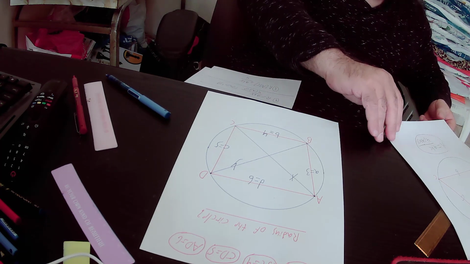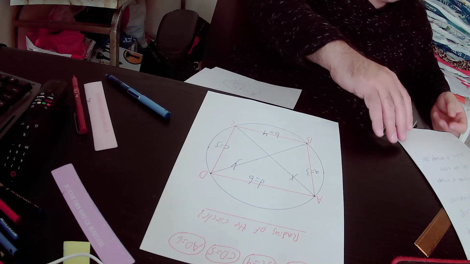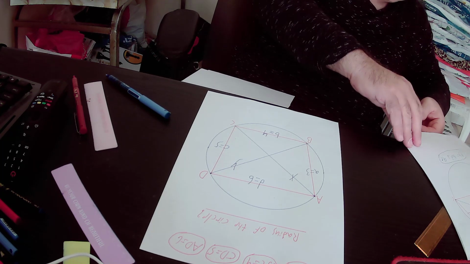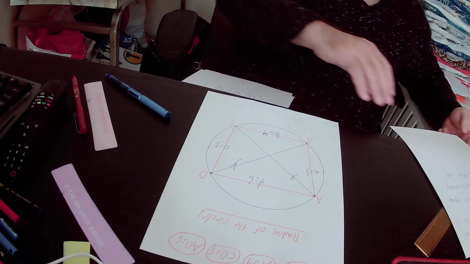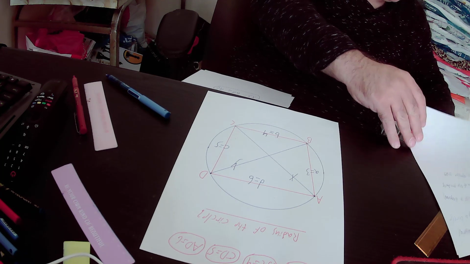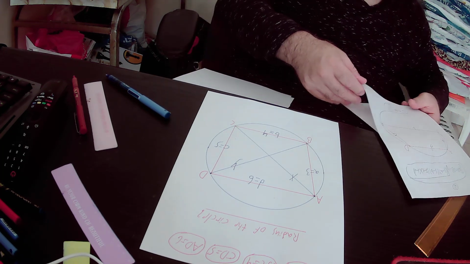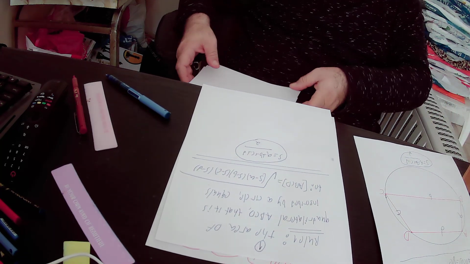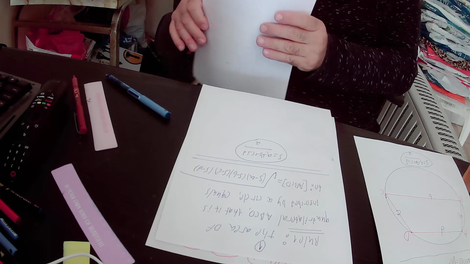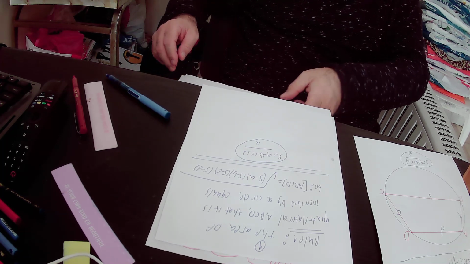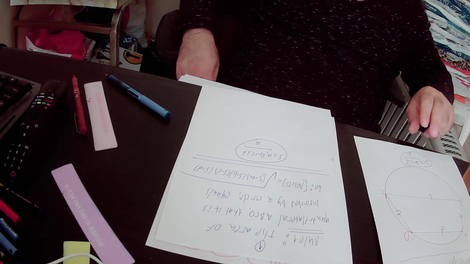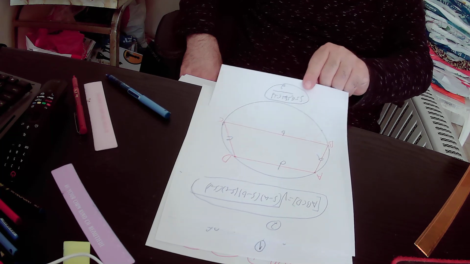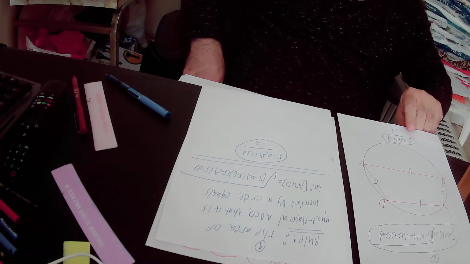According to rule number 1, the area of quadrilateral ABCD that is inscribed by a circle equals... Rule number 1 states that the area of this quadrilateral ABCD, that it is inscribed by a circle.